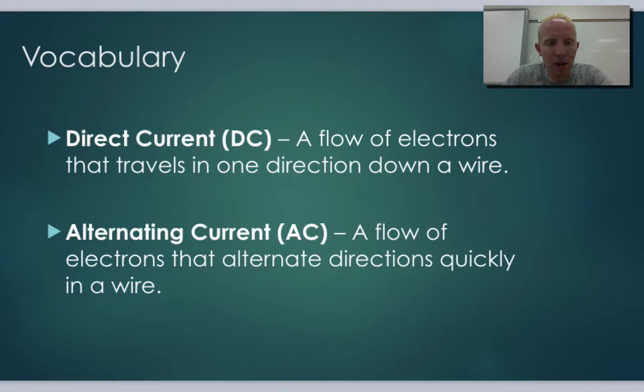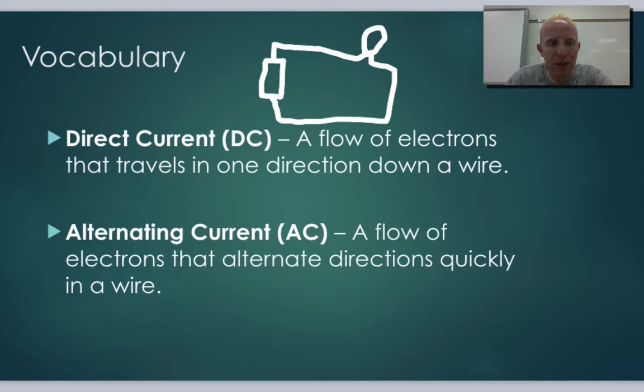For example, let's make a very basic circuit. We have a power source, it goes to, let's say, a light bulb, and then back to the power source. On direct current, the electron flows through this circuit to the light bulb, goes all the way back to the power source, and so on.